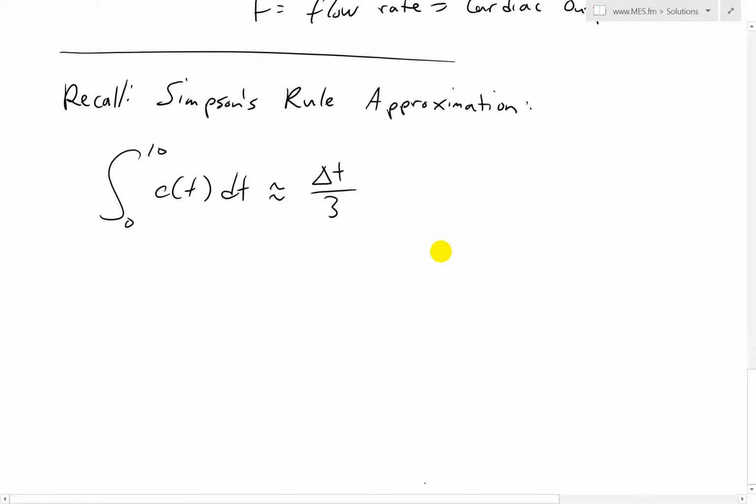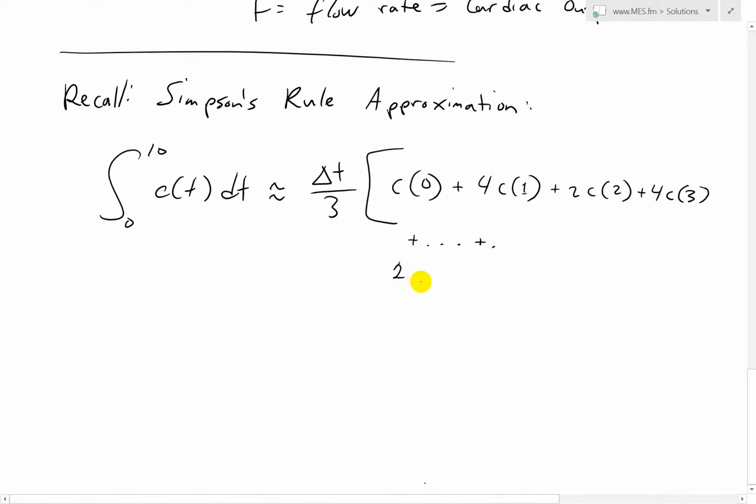This is the Simpson's rule approximation, and it's going to be c of 0, plus 4 c of 1 after 1 second, plus 2 c of 2, then plus 4 c of 3, and then we follow the same pattern over and over again. It goes 4, then 2, then 4, then 2, all the way.